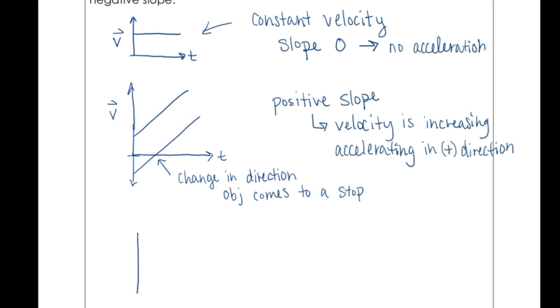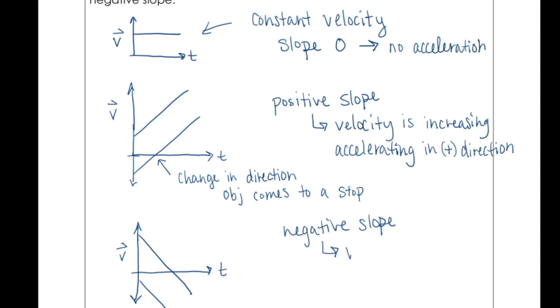Okay, and then lastly, if we have negative slope, the velocity is increasing in the negative direction.